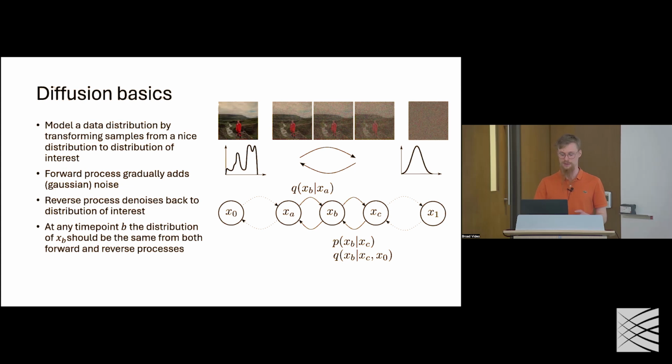So instead, you can match it to the posterior of the forward, given a clean data point, and this posterior is tractable, so now we can match these in a computationally feasible way.